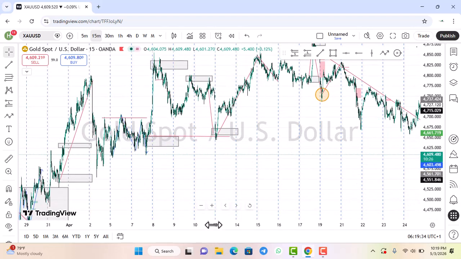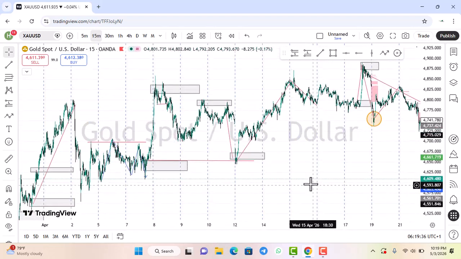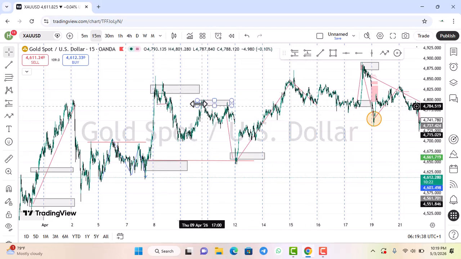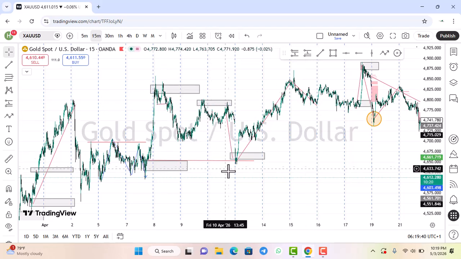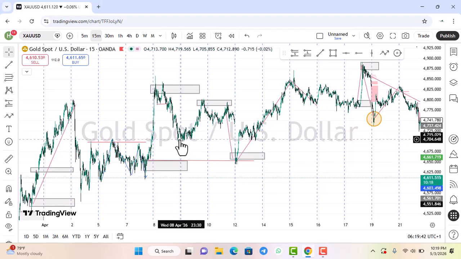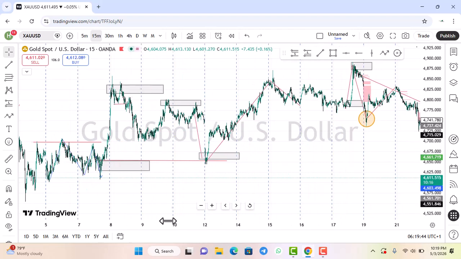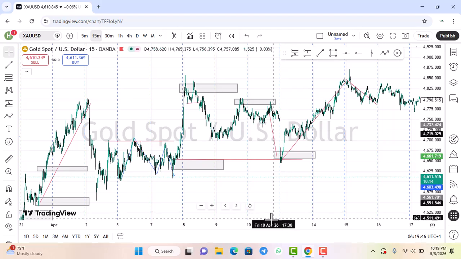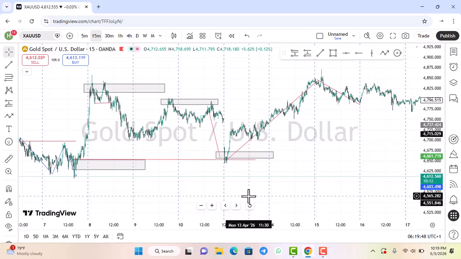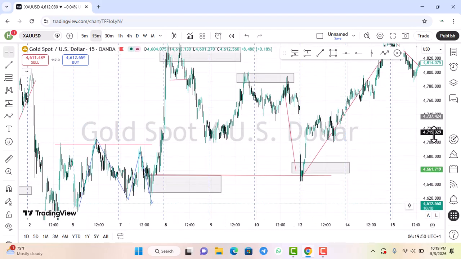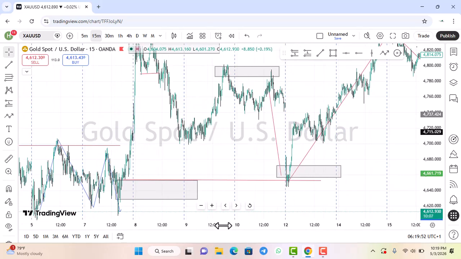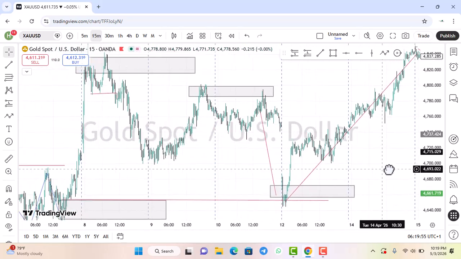So look at these levels here. This level here is our resistance level after price leave the support level here, and you can see we have multiple rejection candle at resistance level here, also multiple rejection candle at support level here. Look at it.